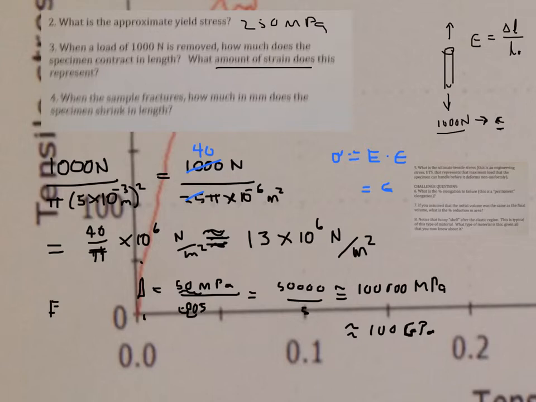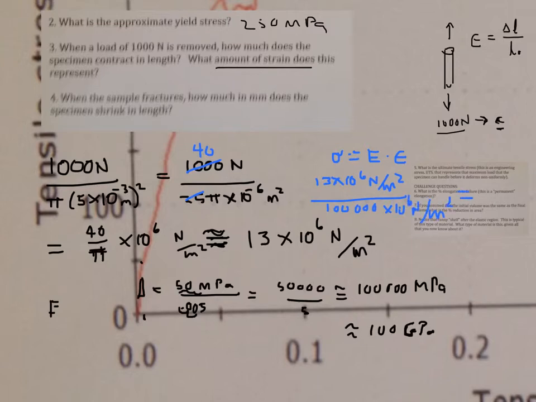It is 13 times 10 to the 6th newtons per meter squared divided by 100,000 times 10 to the 6th newtons per meter squared.